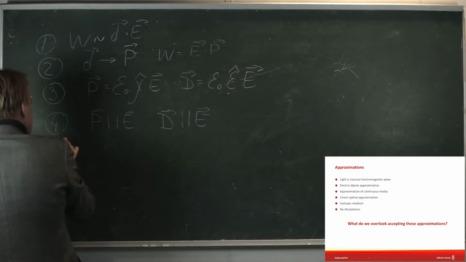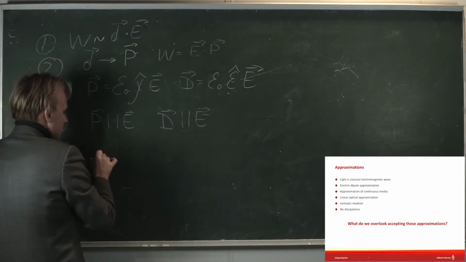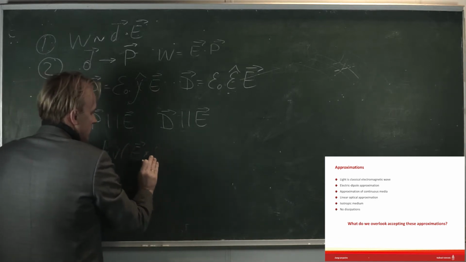And the final approximation was approximation of no dissipations, when we assumed that divergence of the Poynting vector is equal to 0.